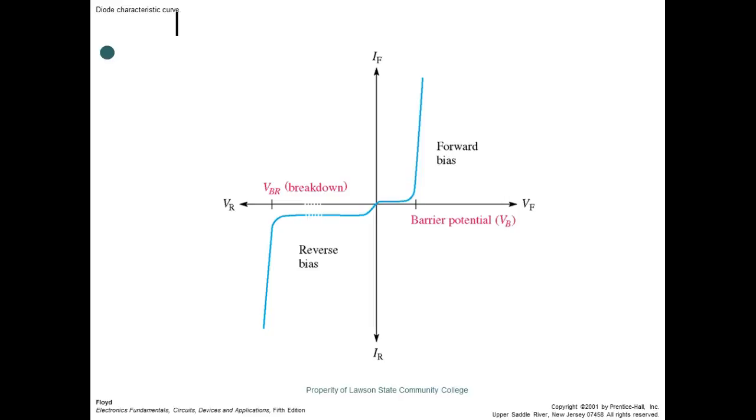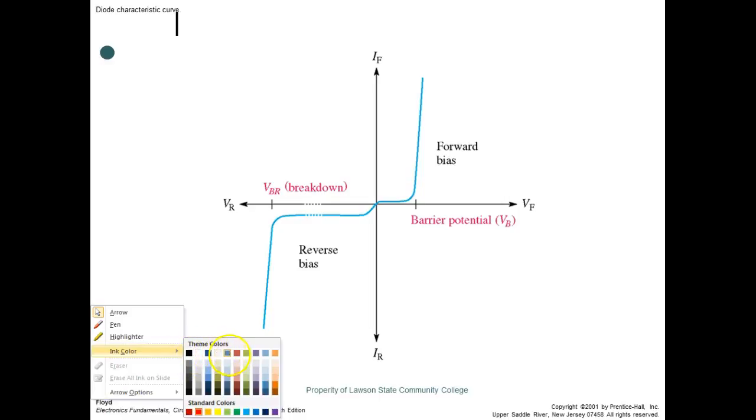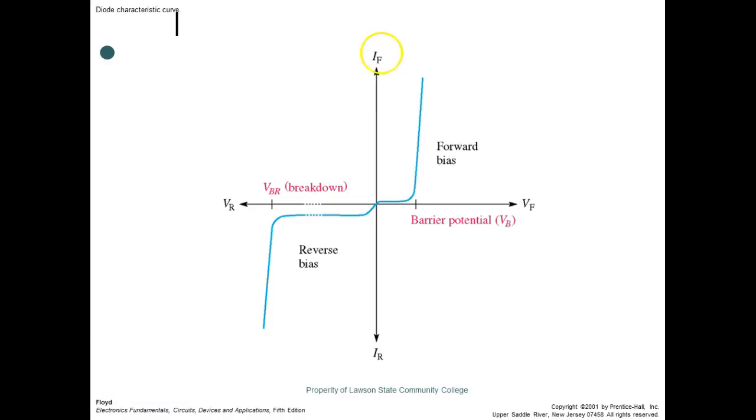So this is what we call a VI characteristic curve. And so what we have is here's current. IF would mean when it's forward bias.